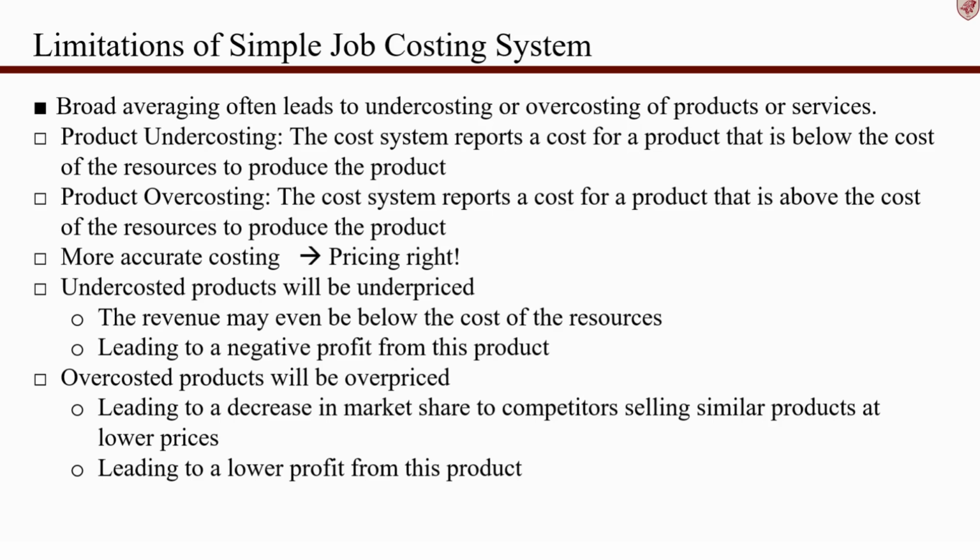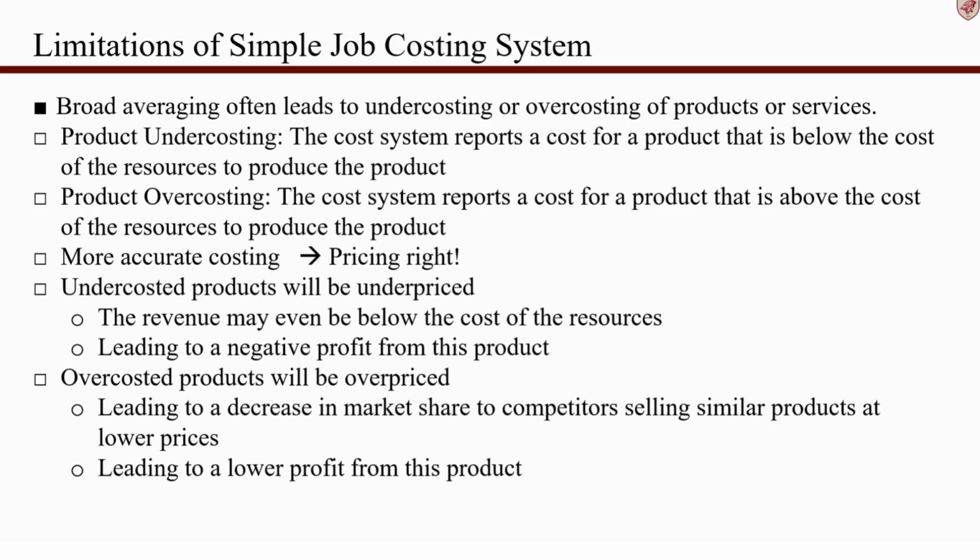If the product is underpriced, then basically the revenue is even below the cost of the resources. Okay, so it can actually lead to a negative profit from this product because it's not accurately priced, right?